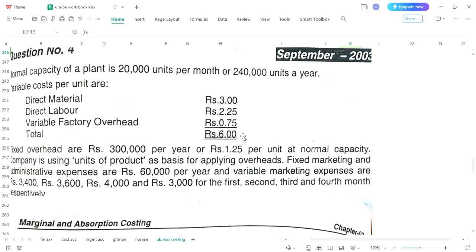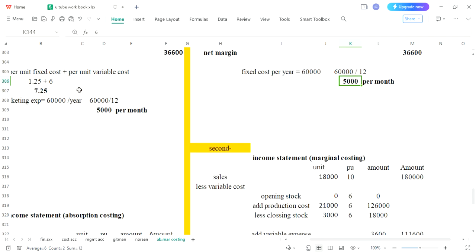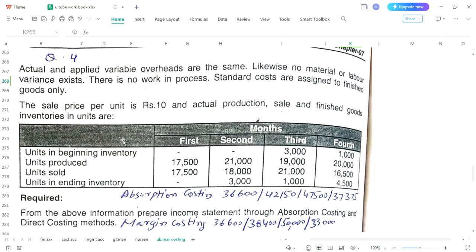This is 6 variable cost, and you will put variable cost 6 over here. You know variable cost for opening stock will use the same per unit variable cost as production and closing stock. Go back to the question and per unit sale price is mentioned over here, which is 10.